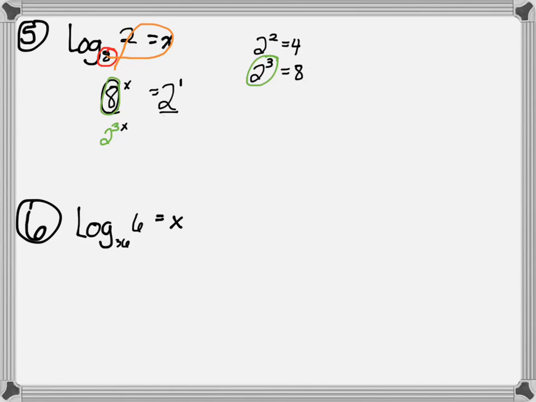And so remembering our product power of exponents, it just makes that a 3x, is equal to 2 to the first. And so knowing our properties of exponents, that means these two exponents must be equal. So 3x must equal 1. So if I'm solving for x, x is equal to 1/3.